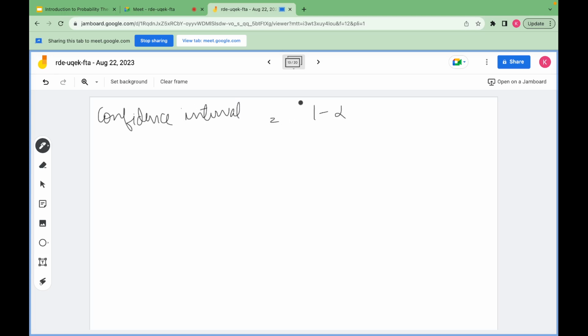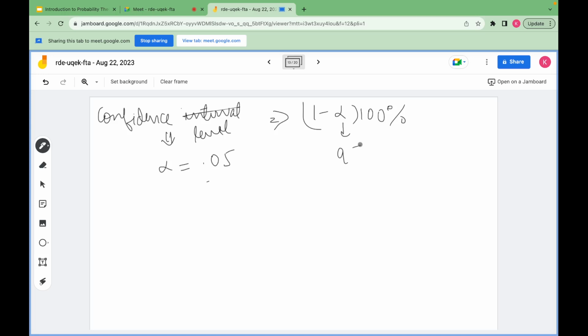So this is 1 minus alpha into 100%. This is the confidence, alpha is the confidence level. With this confidence we can say that the mean of the population will lie in this range. Suppose this alpha value is 0.05.